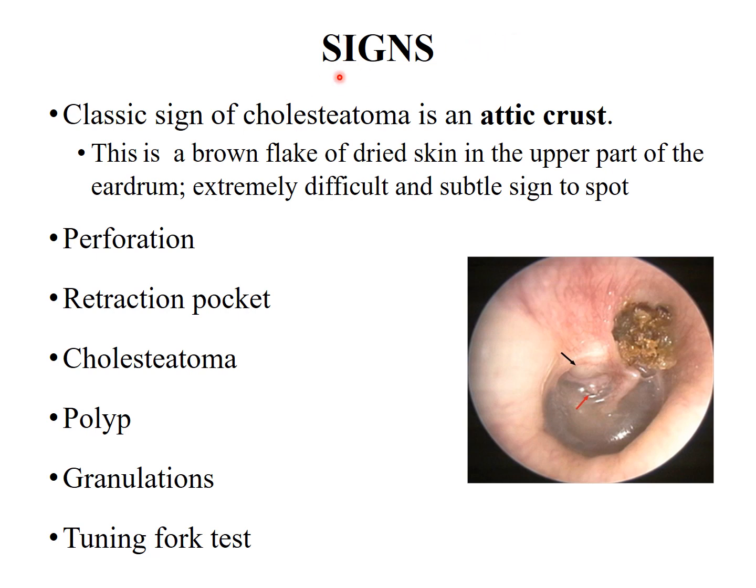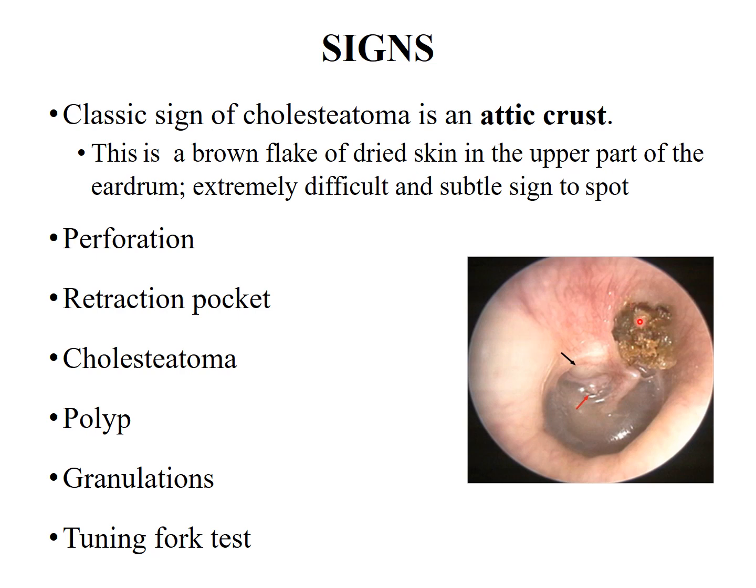Signs. On examination, the classic sign of cholesteatoma is an attic crust. Okay, attic crust. If you just look at the ear in this picture, you may not see too much problem in it, and you may label it as a normal ear, that yeah, a small piece of wax or crust is there, but it may not be a problem. But this small piece may just be a door behind a big room.